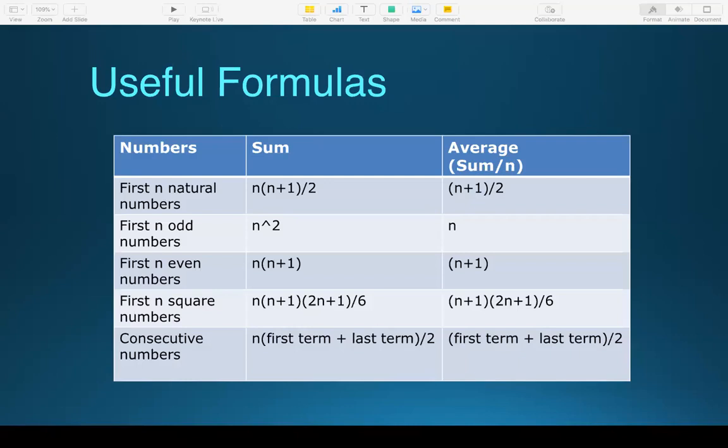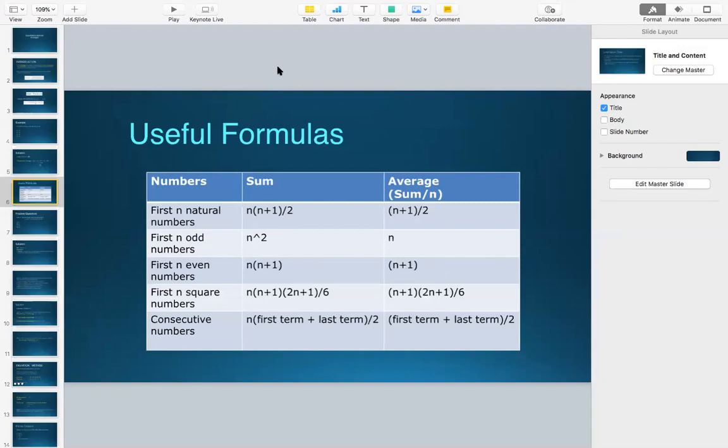Is it okay, guys? Any issue in this formula? See, let's say I take an example of how to use the first formula. Let's say the question is to find out the sum of first 150 natural numbers.